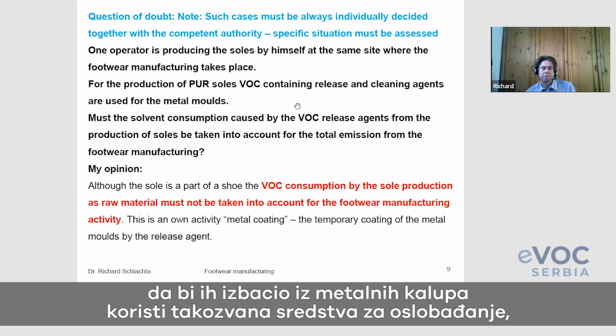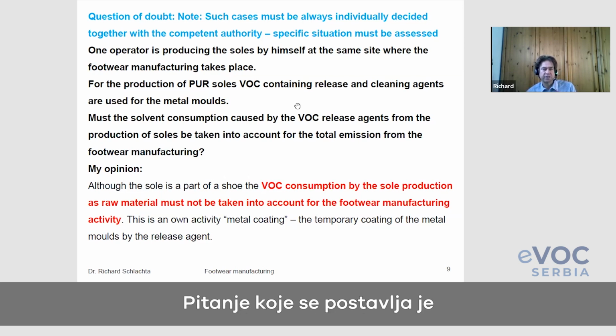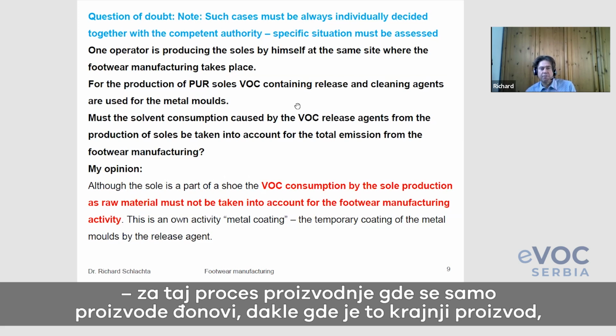You use a so-called release agent, and cleaning agents for the metal molds, and that contain VOC. Now the question is, for that production process where only the soles are made, I'm speaking now from the manufacturing of soles as a crude material.